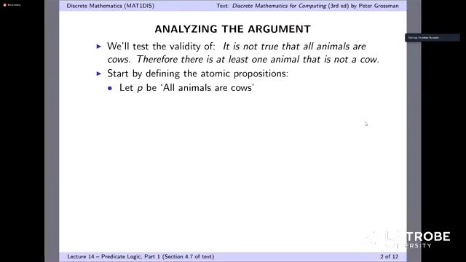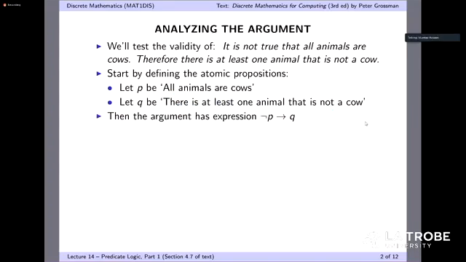Let P be all animals are cows, and Q, there is at least one animal that is not a cow. We're just starting with this. Then the argument has the expression not P. Not P means not all animals are cows. That means there is at least one animal that is not a cow.